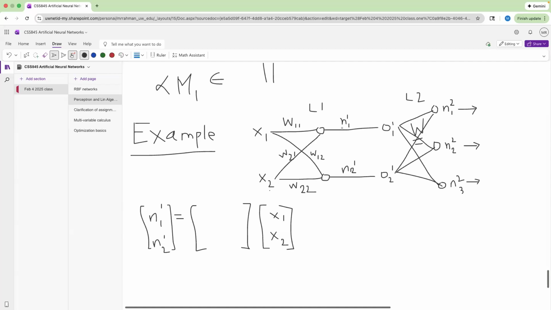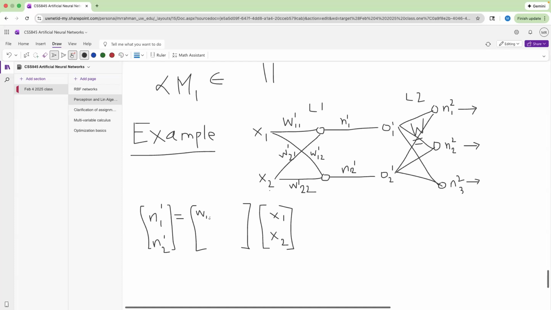And you see here that N11 is actually W11 times X1 plus W21 times X2, right? So then I can write down the first weight vector. I'm going to put a 1 here on top of this to show that this is the layer 1 matrices.